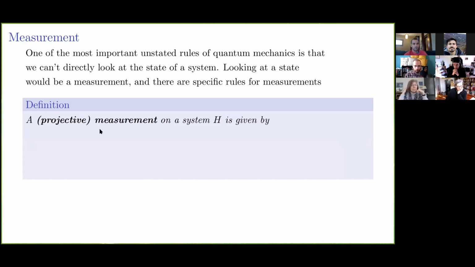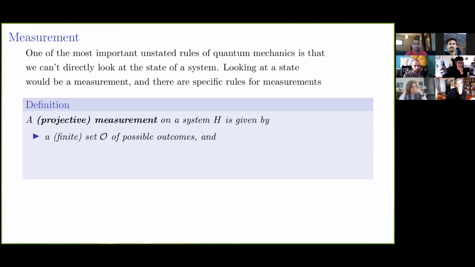So a projective measurement on a system H is given by, first of all, a set O of possible outcomes. Usually we think of this set as being finite in quantum information. That's because when we think about what a measurement device is, maybe it's measuring something we think of as a real number and recording it in a computer, but that computer can only ever hold a finite list of values.